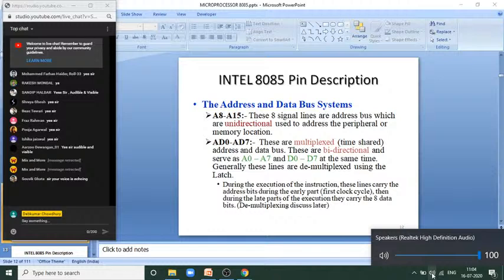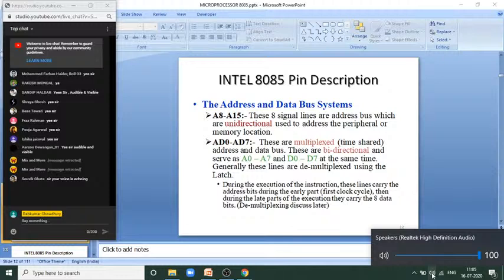Next is AD0 to AD7. AD0 to AD7 are known as the bidirectional address data multiplex bus. What do you mean by multiplex? Multiplex means time shared. That means when time permits, these buses can act as an address bus. Whenever the microprocessor wants to inform the memory about the address, AD0 to AD7 act as A0 to A7.